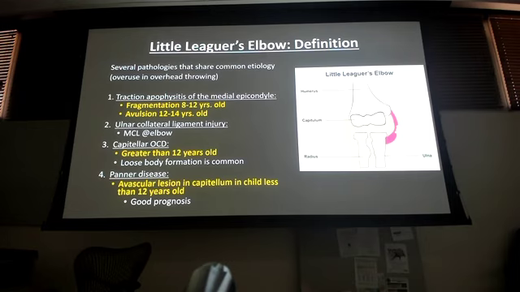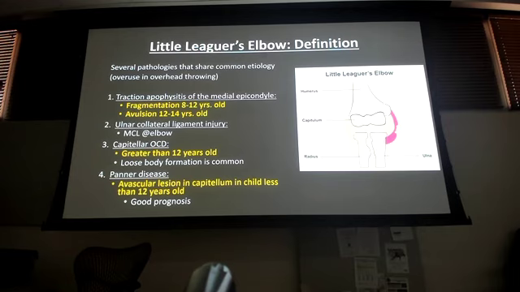But the point being is that this is a developmental issue, meaning the growth plates, as the child is developing, get fragmentation, okay, and flattening. So when you get the X-ray of Panner disease, it'll be a child who's like 10 years old, who has fragmentation or flattening at that growth plate. You see what makes that different than capitellar osteochondritis dissecans?